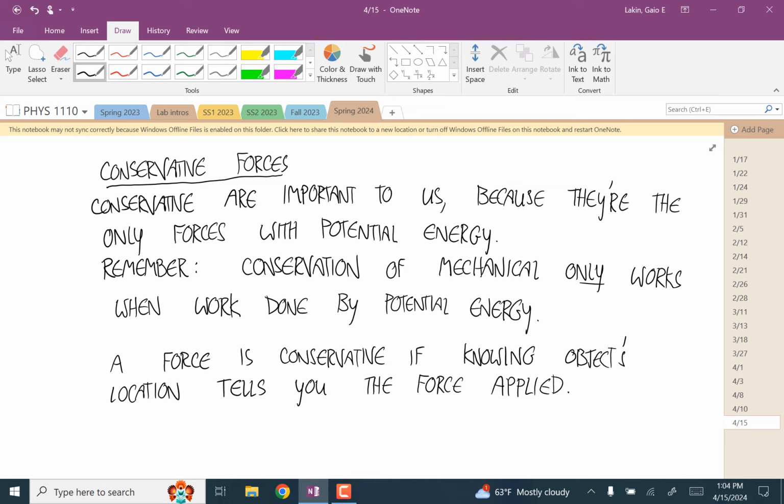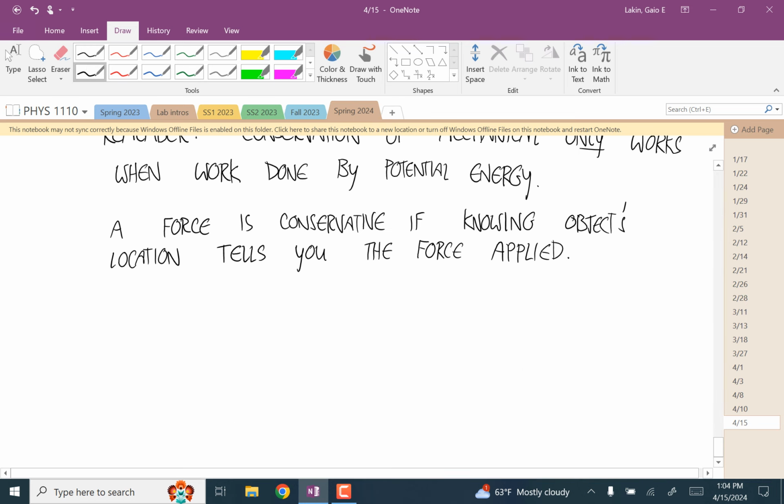If you compressed it to here, that force would be in the other direction. So gravity and the force applied by a spring are both conservative forces.